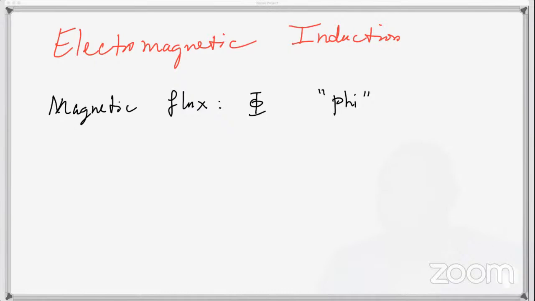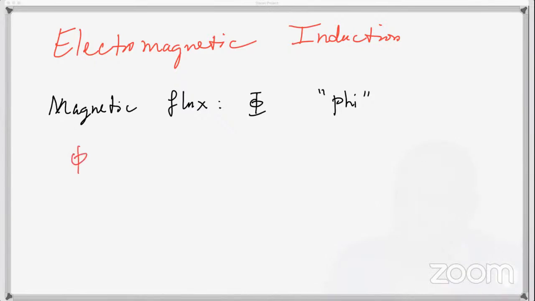So the magnetic flux phi is related basically to the strength of the magnetic field, the number of magnetic field lines crossing a surface area. And it is defined in equation form.